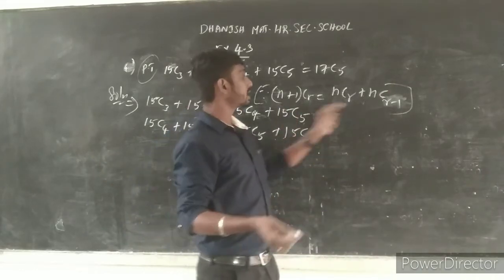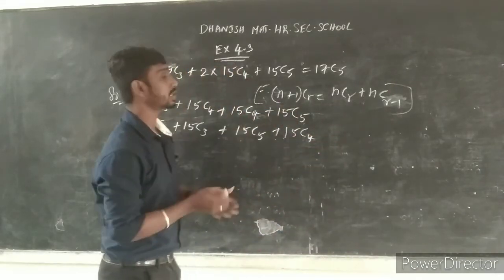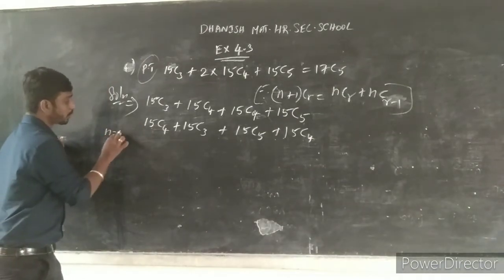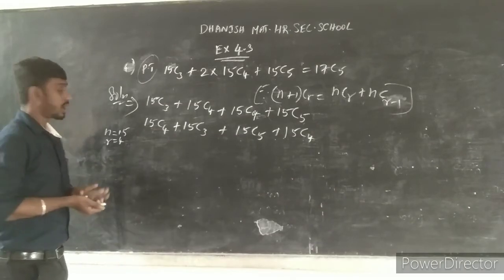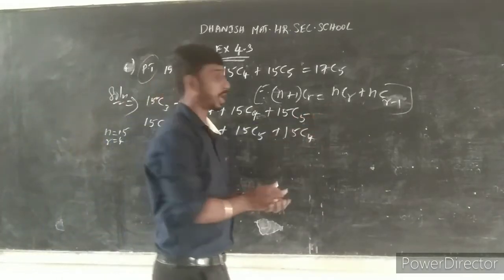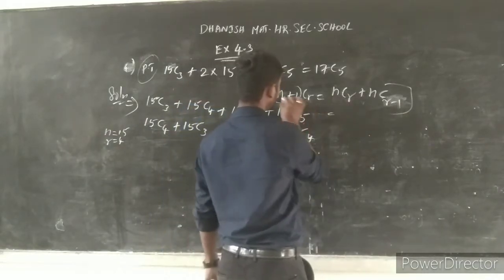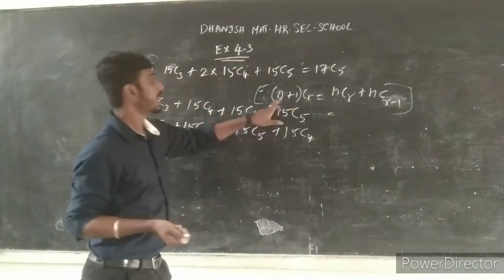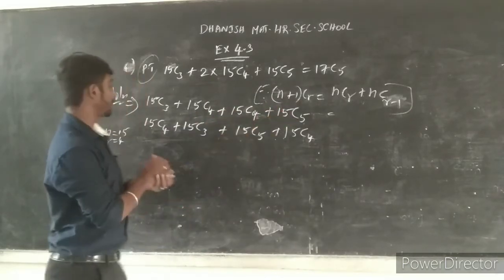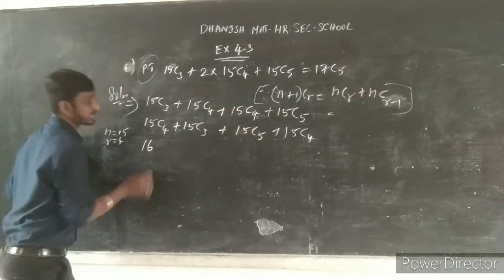Now I am going to use this formula. Here we have n equal to 15 and r equal to 4. Now we substitute in the formula.